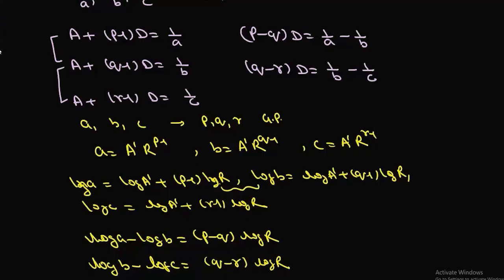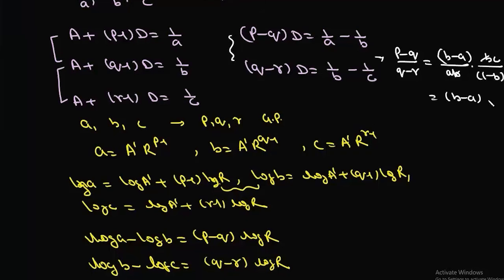Now we'll come back to this first one. If we divide these two, we can write (p minus q) upon (q minus r) will be equal to (b minus a) upon ab into bc upon (c minus b), which is c into (b minus a) upon a into (c minus b).